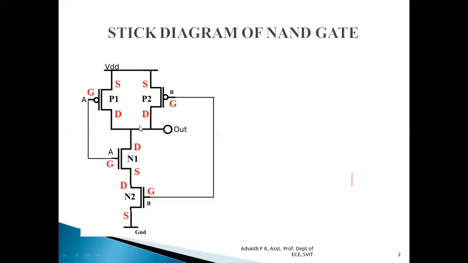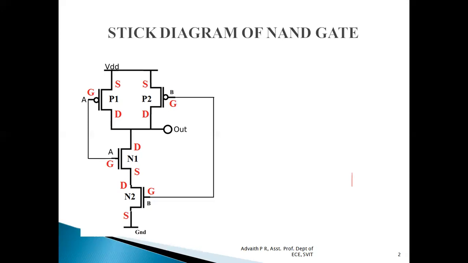Whenever we draw the circuit diagram for CMOS logic, for the dot operation, we always implement PMOS transistors in parallel and NMOS transistors in series. So here we are performing the dot operation.